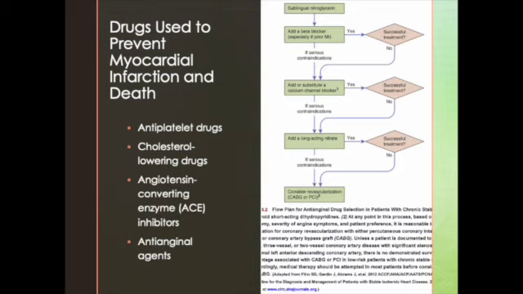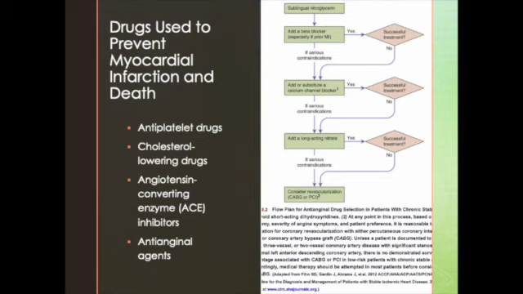Now we're really looking at managing stable angina, and all nurse practitioners should become familiar with this prevention therapy goal. So again, with the use of antiplatelet drugs, cholesterol-lowering drugs, using ACE inhibitors, and anti-anginal agents together, we're hoping to bring down the risk of MI considerably.